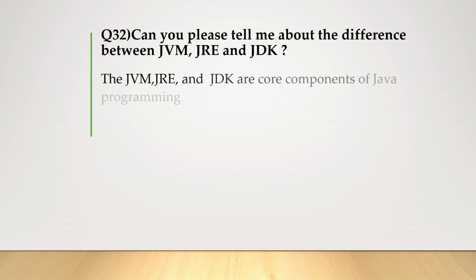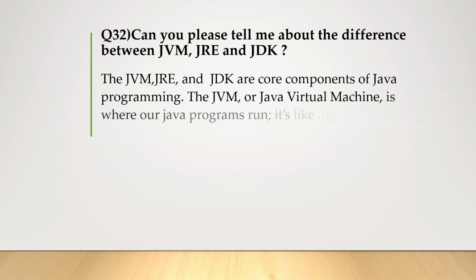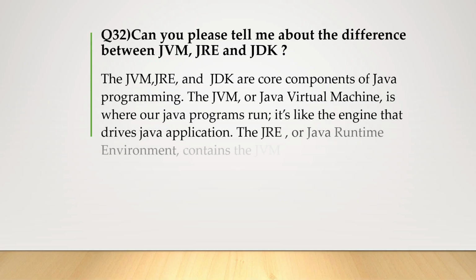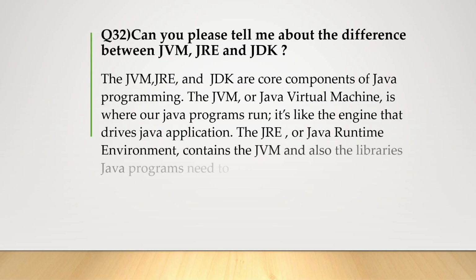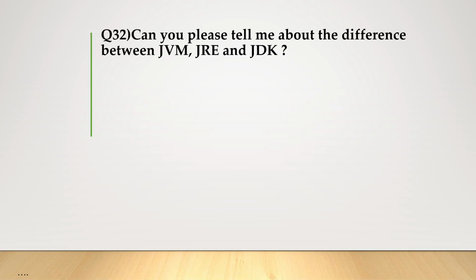Next question is, can you please tell me about the difference between JVM, JRE and JDK? The JVM, JRE and JDK are the core components of Java programming. The JVM, or Java Virtual Machine, is where our Java programs run. It's like an engine that drives the Java application. The JRE, or Java Runtime Environment, contains the JVM and also the libraries Java programs need to run.